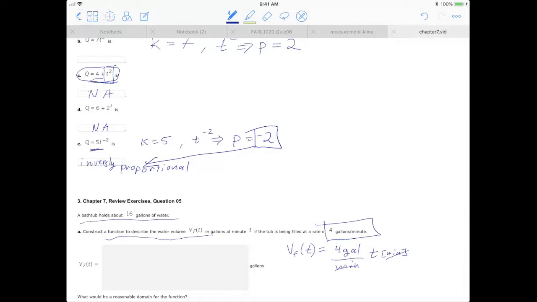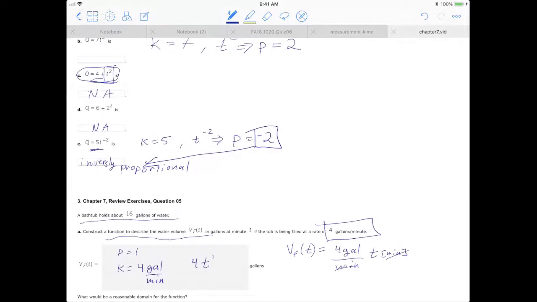So I believe what we need here is a power function with P equal to 1, K equal to 4 gallons per minute, and our power function looks like 4T to the first power. Boom.